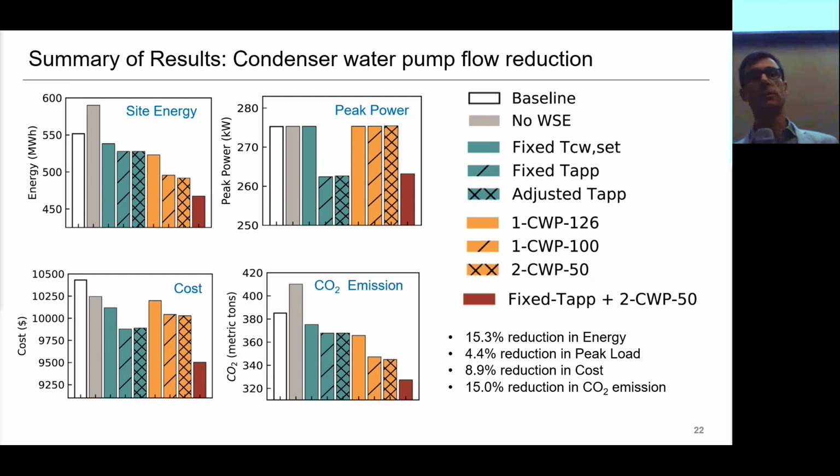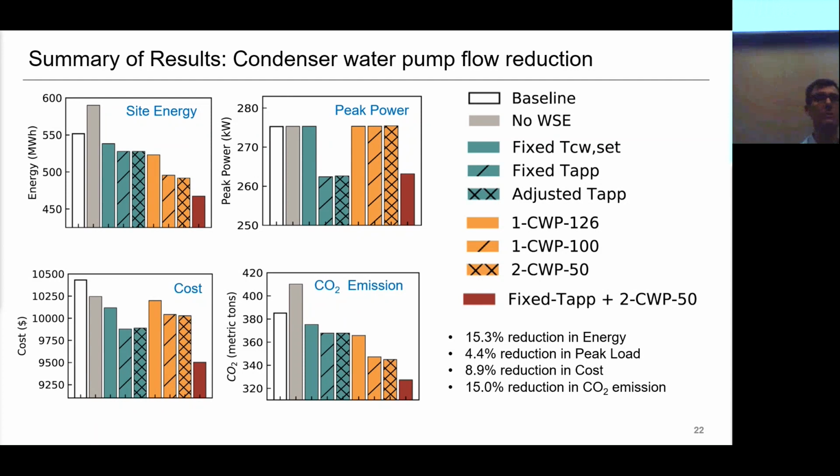And in the third approach, we used then 2 condenser water pumps, each with 50% of the capacity that the case before had. And this one was the best operation in terms of the site energy consumption and all the other key performance indices.